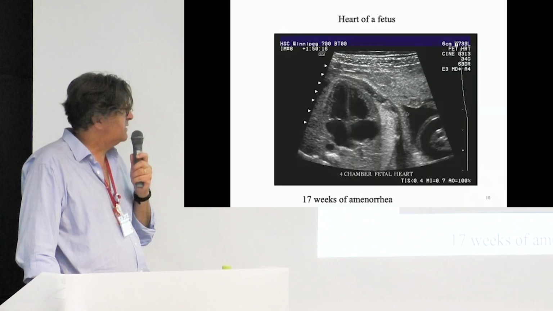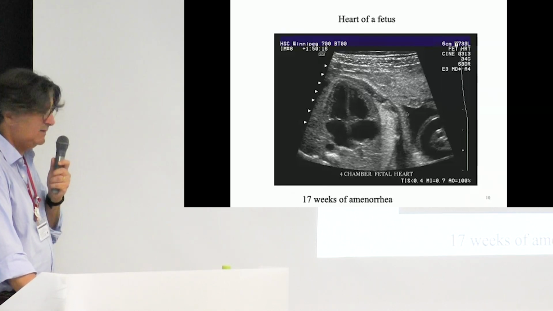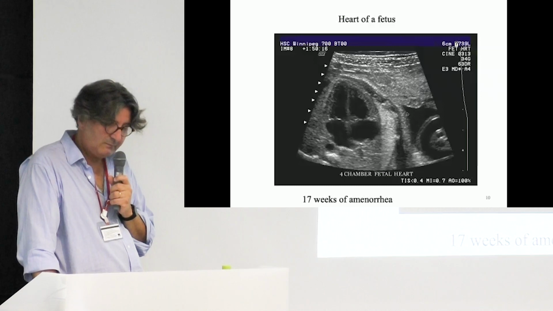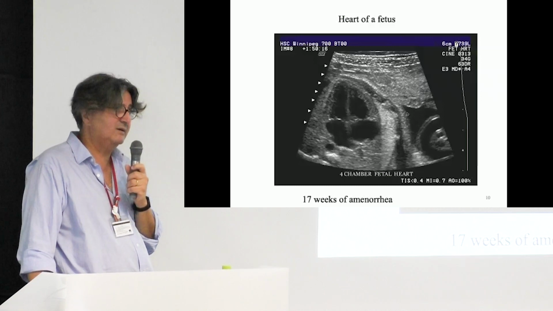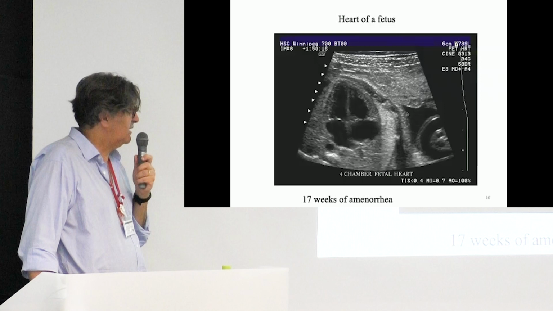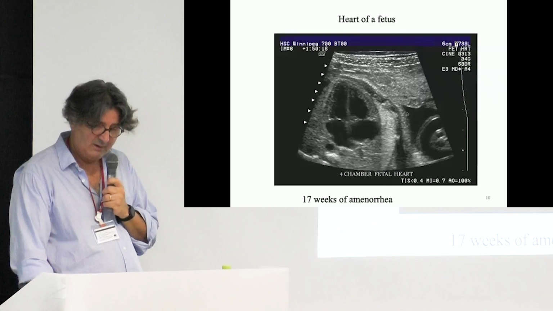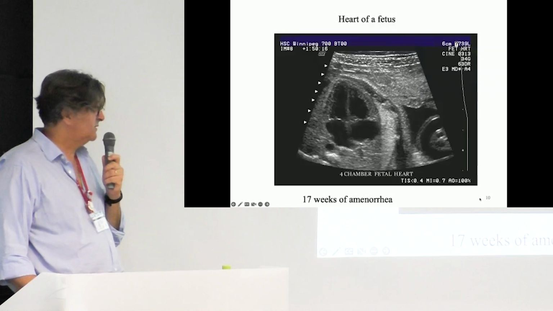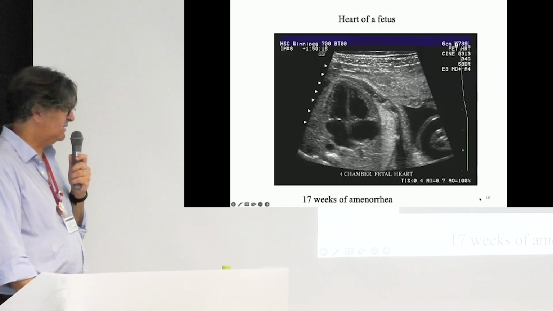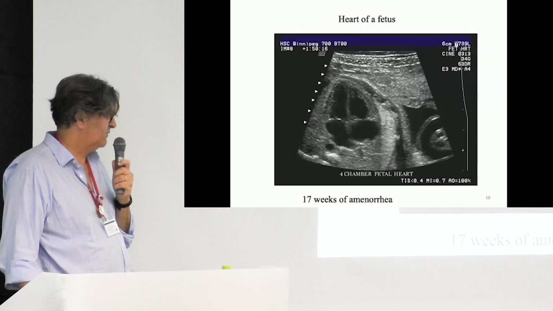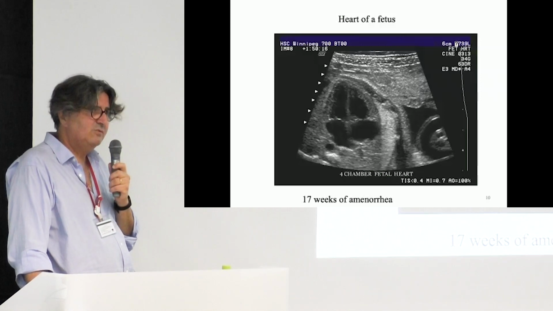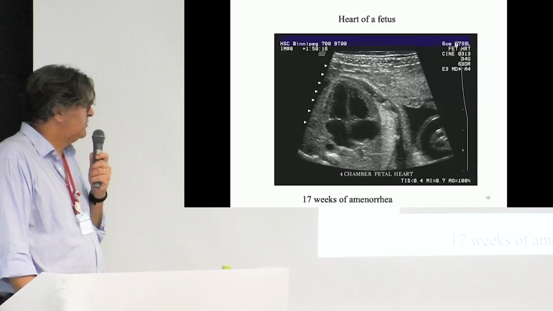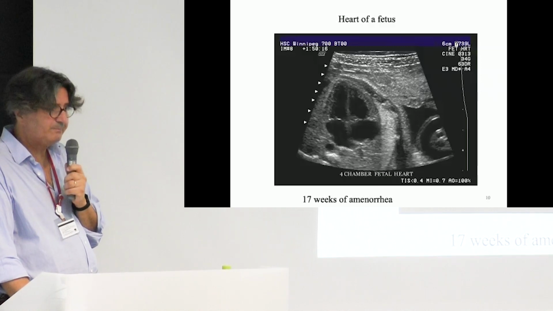So another example of images is this figure. Of course, the heart images are very, very important. And when you are doing this exam, and generally you do it, for instance, around 17 to 20 weeks of amenorrhea, you have to make several measurements.